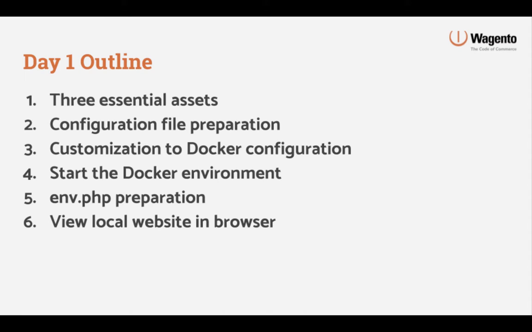Then we will do some preparation for the Docker configuration files. We'll do a little bit of customization of the Docker configuration that Magento provides. We'll start up that Docker environment, and then we will populate an env.php file with the appropriate values to connect to that environment. And then we will view the website running locally in our browser.